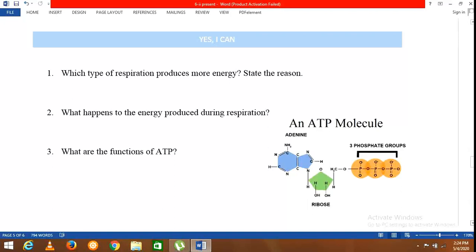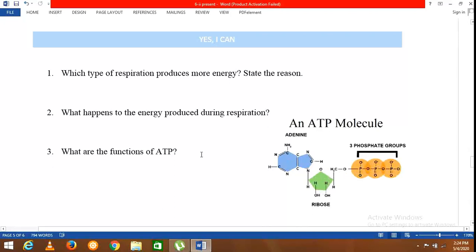ATP is an organic compound. So here I have shown the structure of ATP. You don't need to remember this, just for your knowledge. So there you can see there is adenine, which is a nitrogenous base, and ribose, a pentose sugar group, and 3 phosphate groups. That is why it is known as adenosine triphosphate.